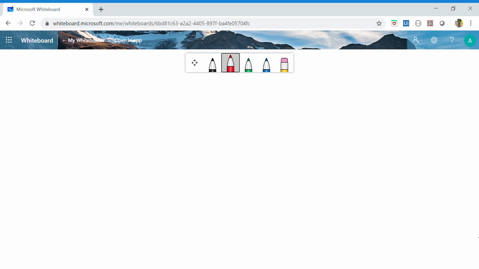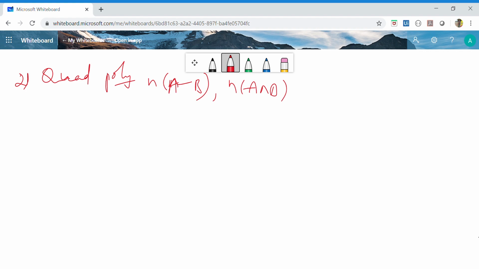Next. Second question. Write the quadratic polynomial if n of A minus B and n of A intersection B are the sum and product of zeros in the given Venn diagram.